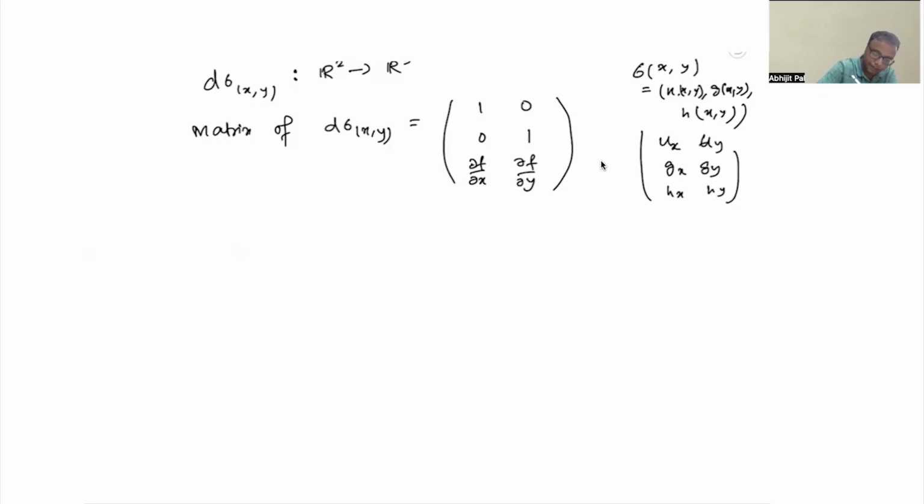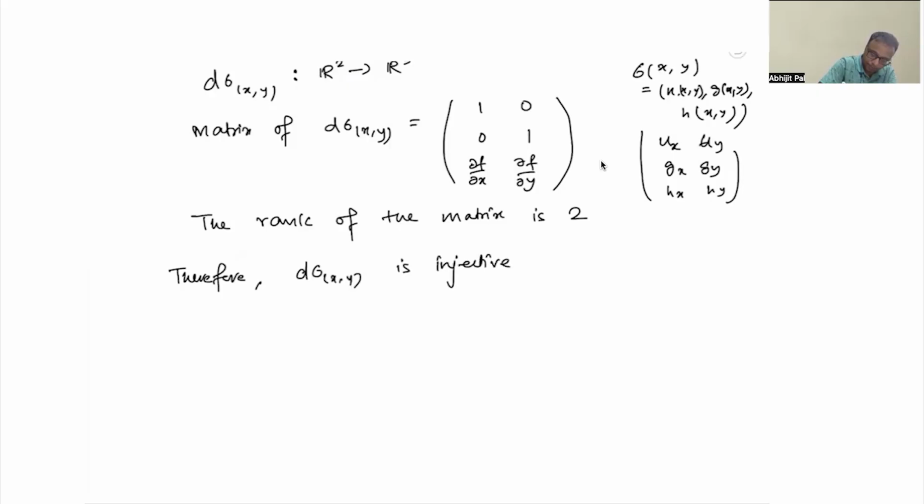So the rank of this matrix is 2. Therefore this linear map is injective for all (x, y) belonging to U. So this implies that this graph of f is a regular surface.